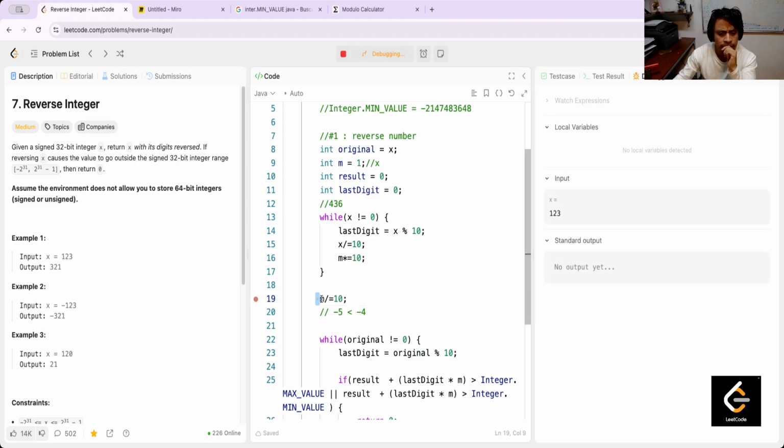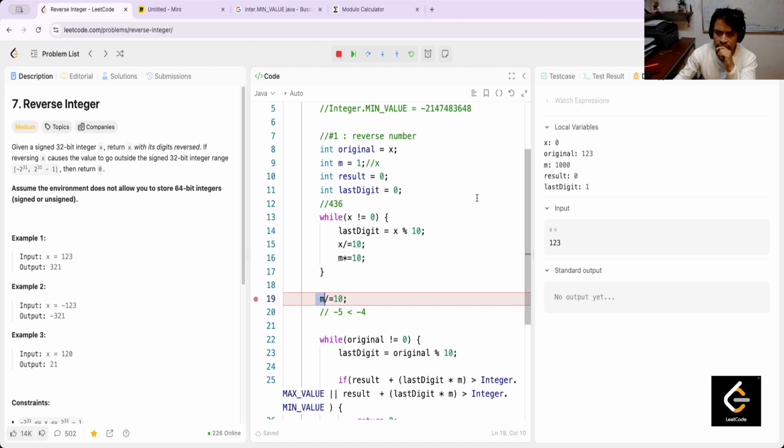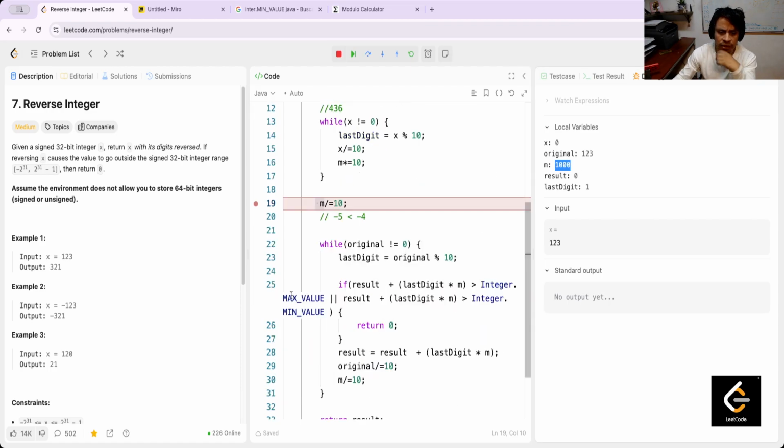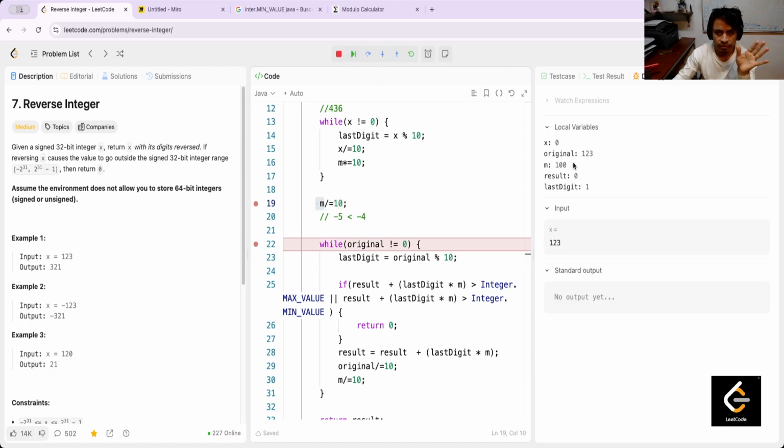This should have 1000. Now divided by 10 is 100. Well, that doesn't matter because in the final original, get the last digit that is 3.